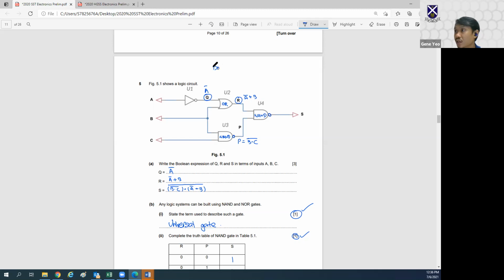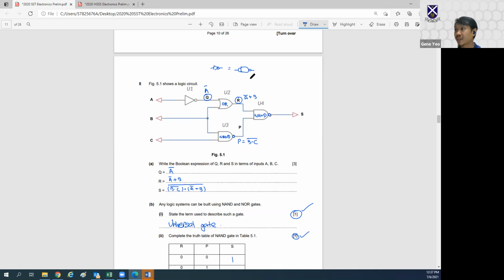A NOT gate, if I'm using a universal gate, looks like this. I have one NAND gate. It just looks like this.